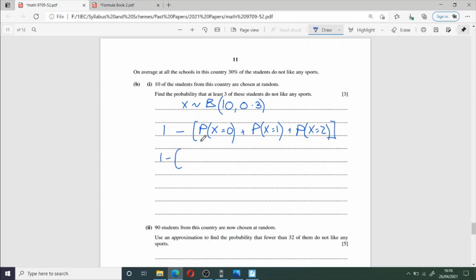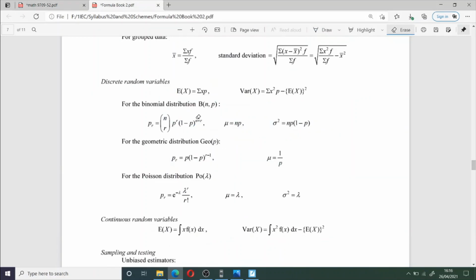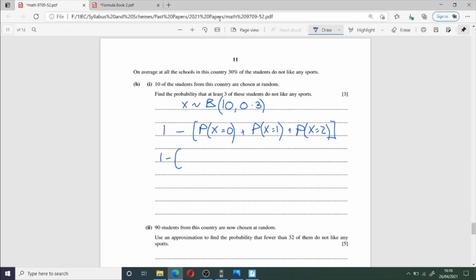1 minus, now P of x equals 0, this is what we're doing: n choose 0 times p to the power of 0. Our probability is 0.3, so 0.3 to the power of 0 and 0.7 to the power of 10, plus n choose 1.